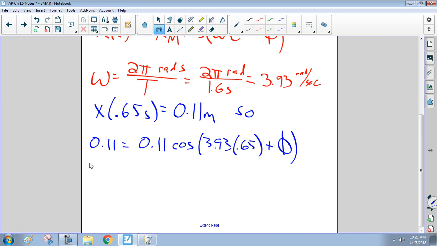All right, so divide both sides by 0.11, and you get 1 equals the cosine of this mess, which means that this mess needs to be 0, right? Follow?